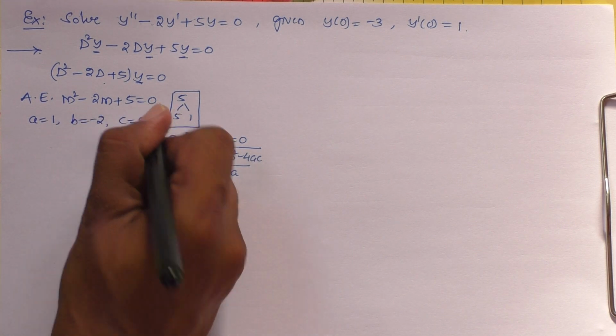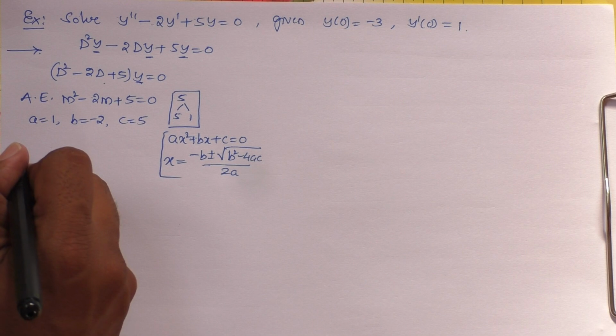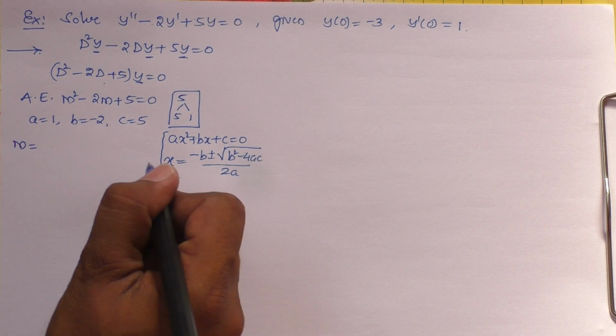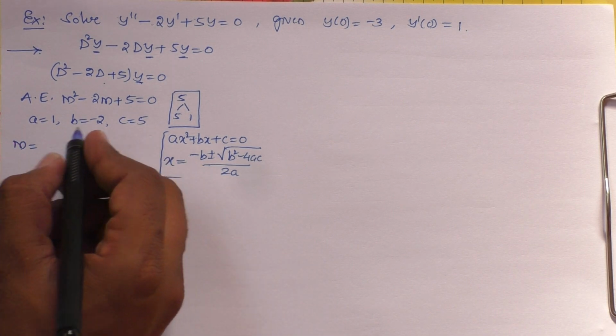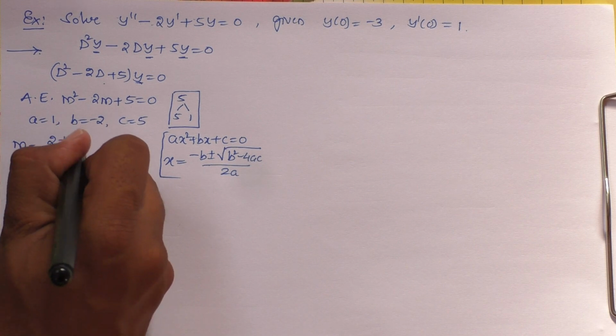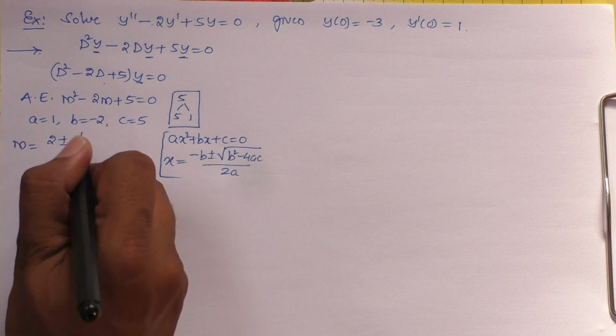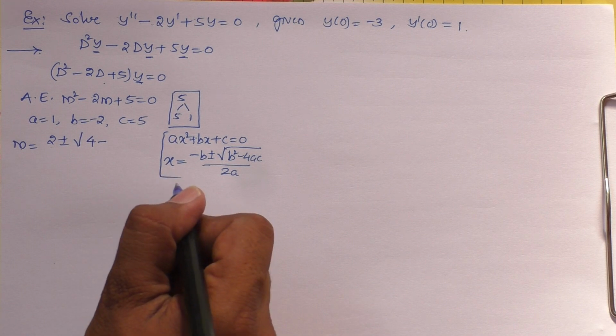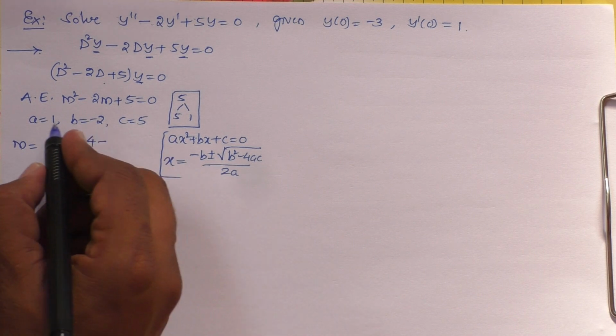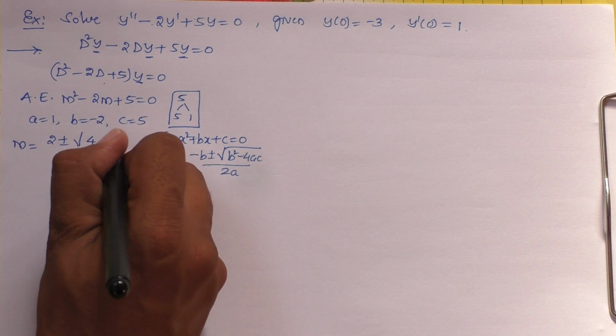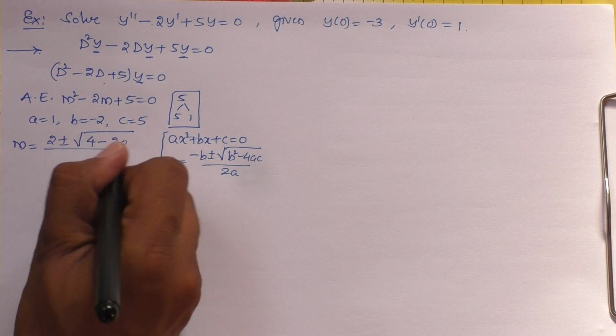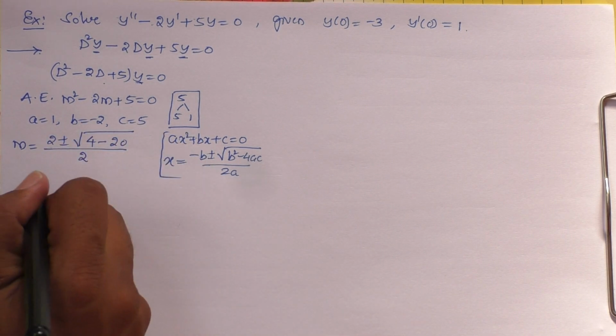the constant term is 5. So now root m = -(-2) ± √((-2)² - 4ac), where 4 into 1 into 5 is 20, divided by 2a, which is 2 into 1, 2.